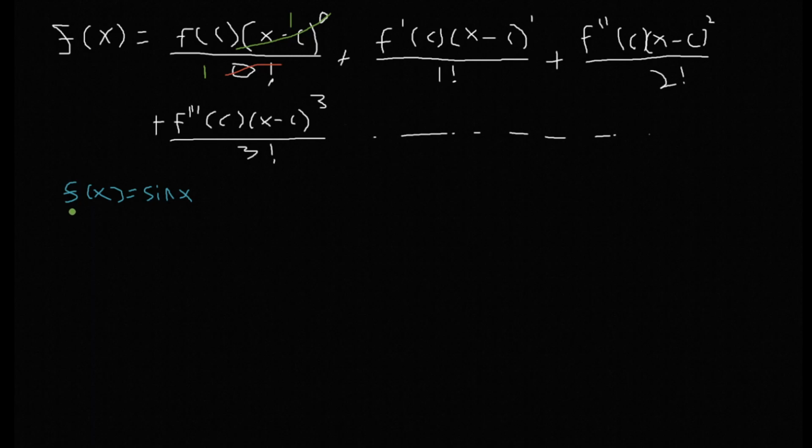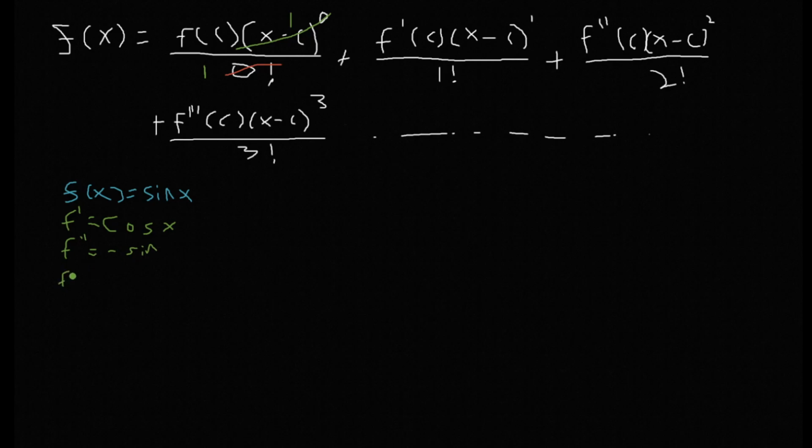So we're going to say f prime is the derivative of sine, which is cosine. f double prime, the derivative of cosine, is negative sine.